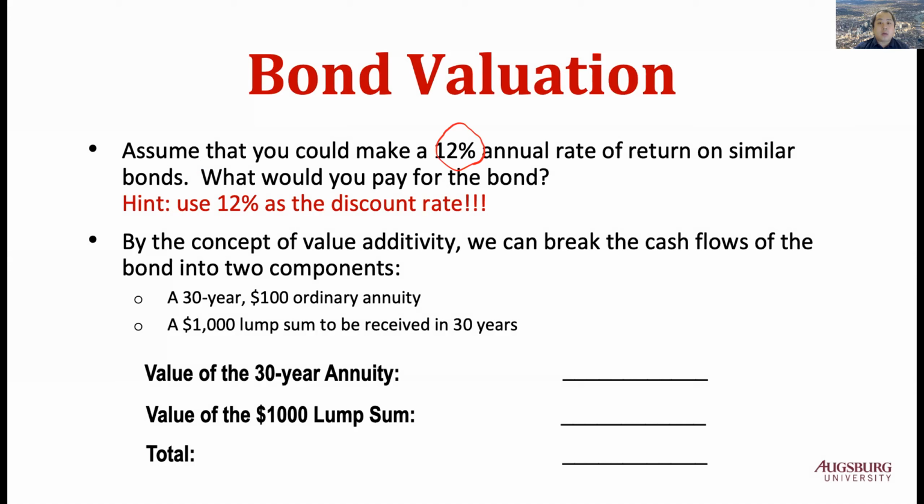It is the required rate of return. Here, since you can make a 12% return on similar bonds, you will require at least 12% return on these bonds. Therefore, this 12% should be the discount rate.